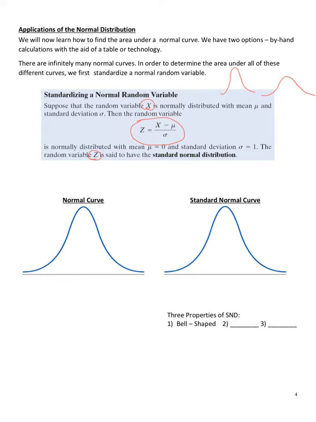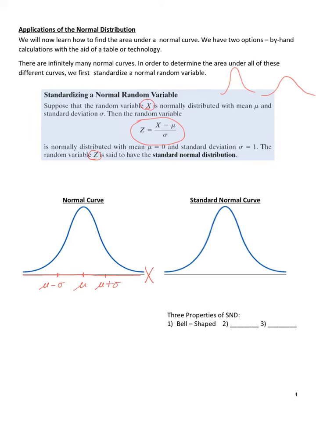We have a normal curve for random variable x. This is the x number line, and here's your random variable x. The mean is mu and the standard deviation is sigma. So this will be mu plus sigma, and this will be mu minus sigma.